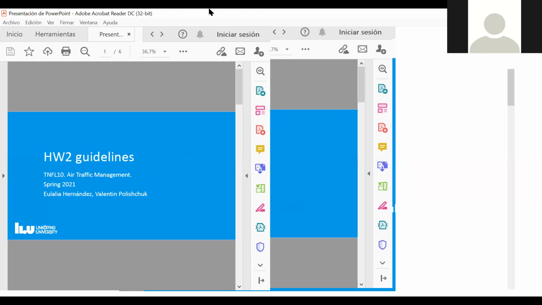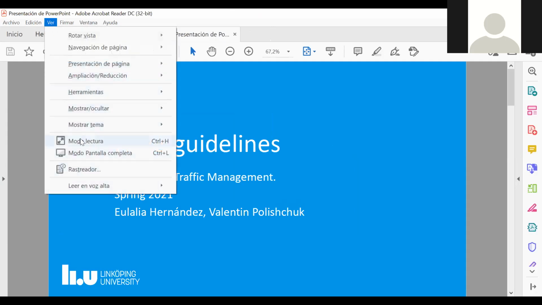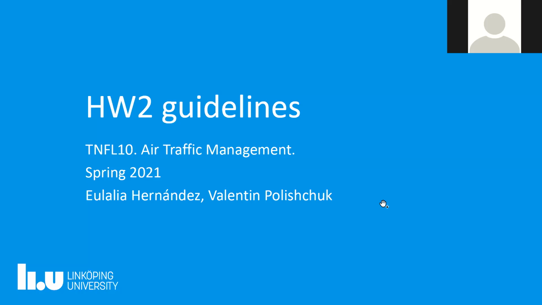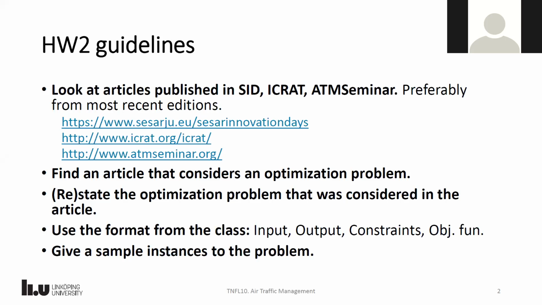Perfect. So now for our homework 2 guidelines. This is the second homework. What I want you to do is to look at published articles in the Design Innovation Days, the ICRAT and the ATM seminar, preferably from the most recent editions.